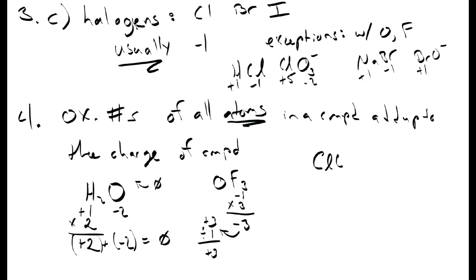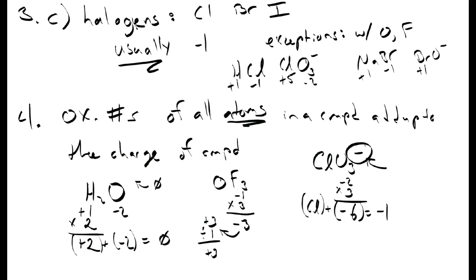Similarly, ClO3 1-. Each oxygen is -2. There are 3 of them, for a total of -6. Then you have the charge on chlorine, whatever it is, plus the charge on oxygen has to be equal to the total charge on the compound. It has to be equal to -1.